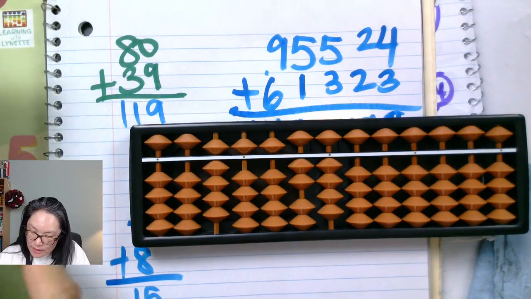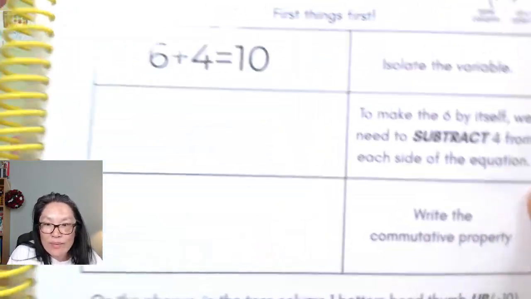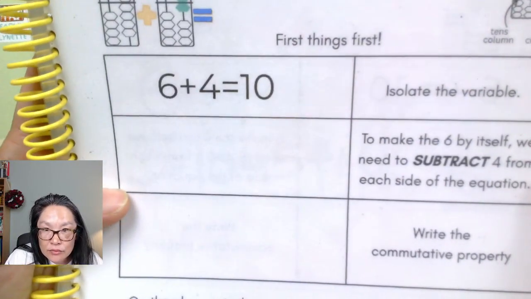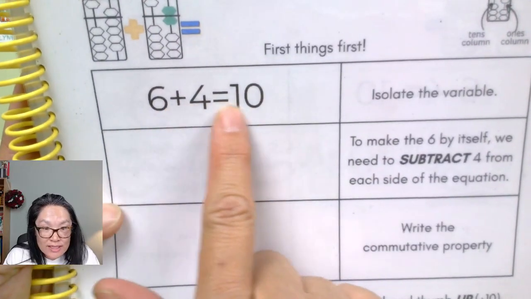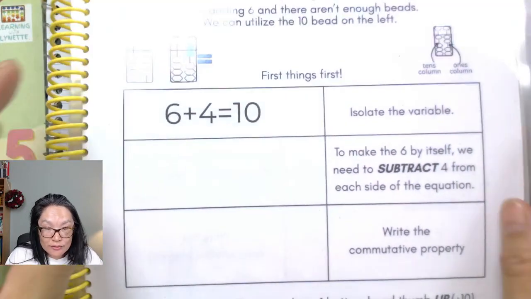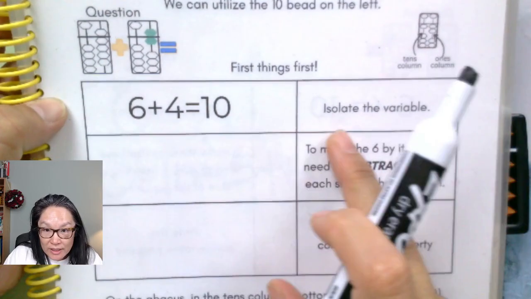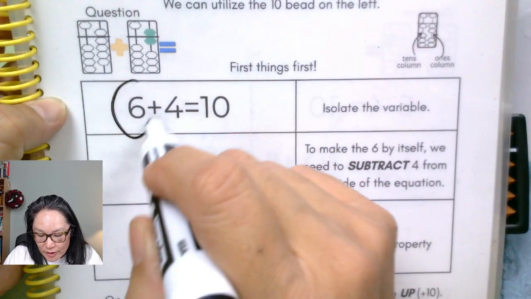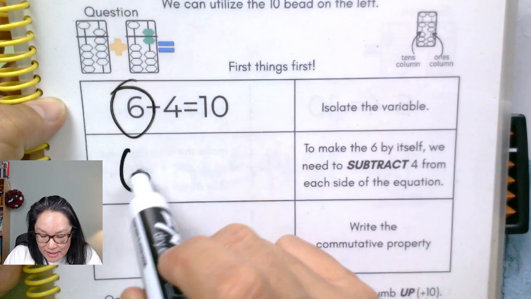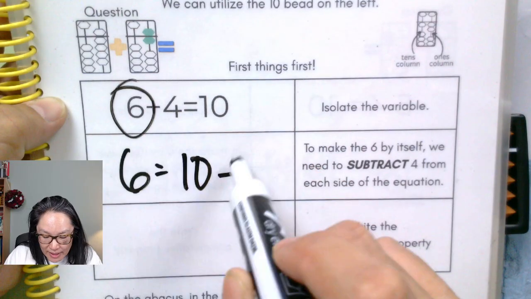We have this concept how to make a 10. When we make a 10, we have 6 plus 4 is equal to 10. Okay, so we're going to isolate the variable. When we isolate the variable, we're going to do a 6. So 6 is equal to plus the 10 minus the 4.